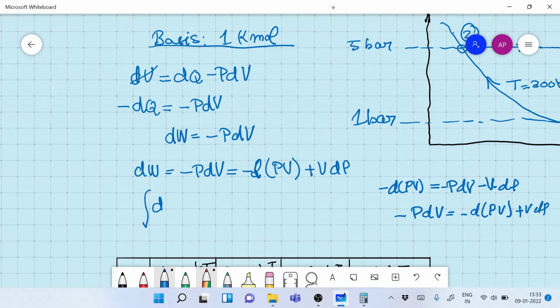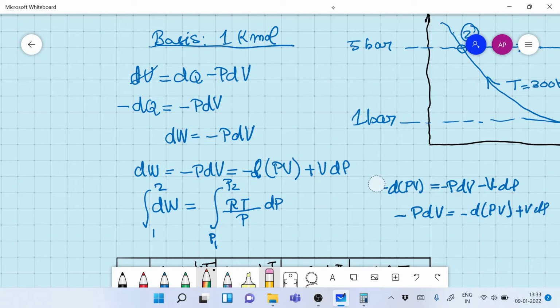So we integrate this now for the process 1, 2, and we get the integral from P1 to P2, since only P is the variable now, and V we replace with RT, I have not written n because n is 1, upon P dP.